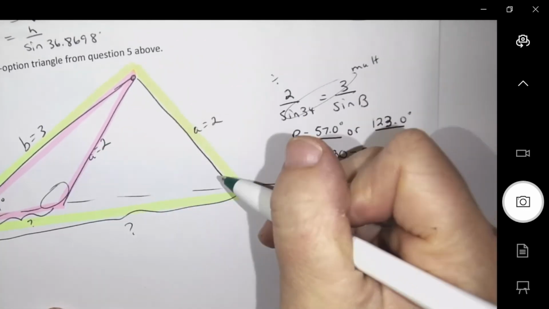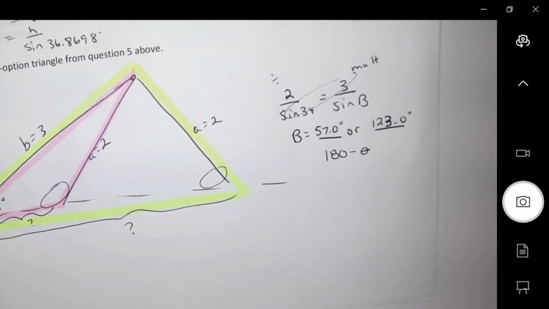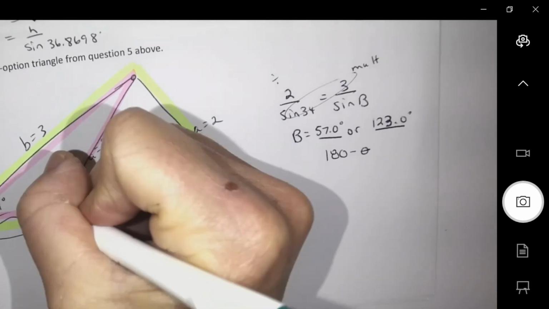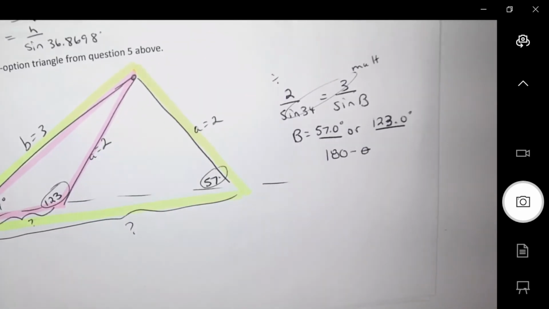So where, there or there? So across from the 3 in the pink, across from the 3 in the yellow. Do you understand where to put the small angle and the big angle because of the drawing? Yes. So the small angle, the big angle. Okay, one is always less than 90, one is always bigger than 90.